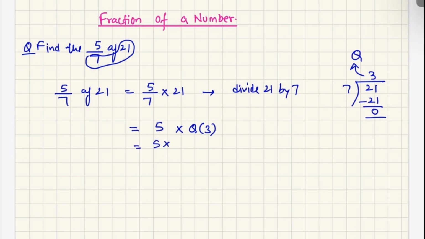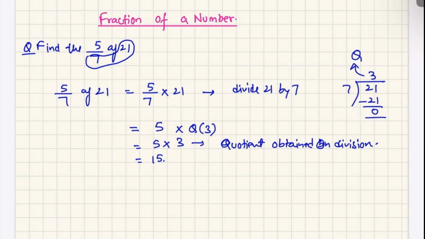That means 5 times 3, the quotient obtained on division. So 5 threes are 15. This is the value. This is the answer.